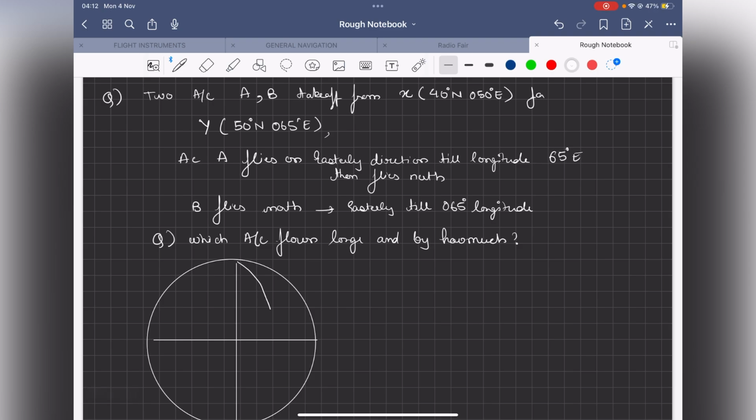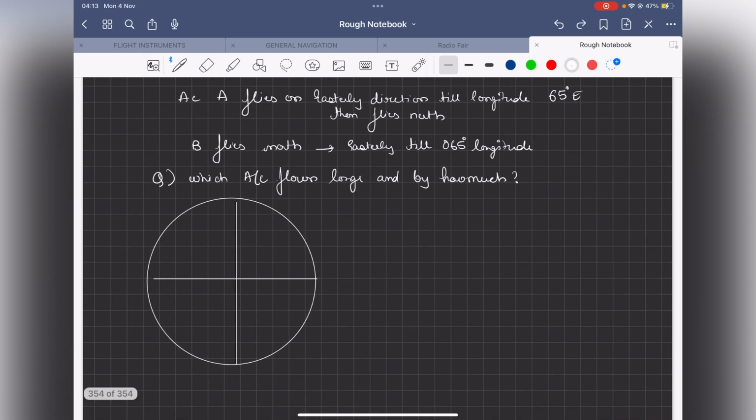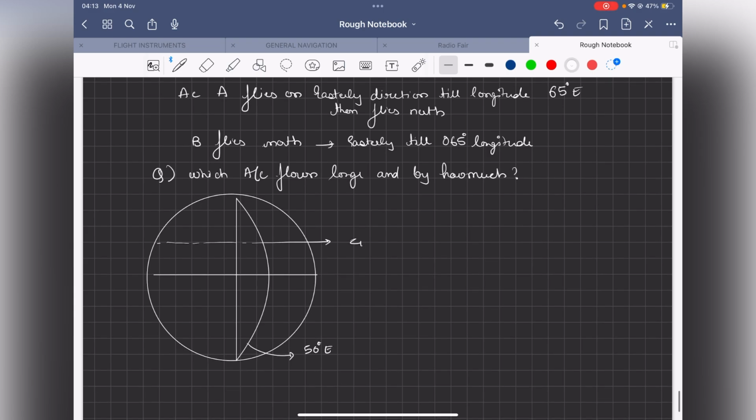So let's say this is 50 degrees east, and this is some point which is 40 degrees north. This is my point X.